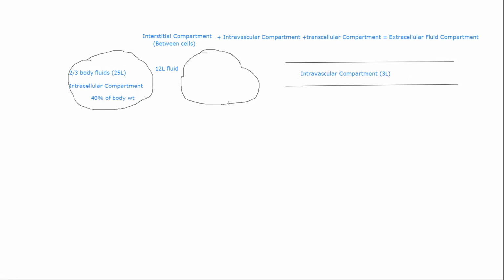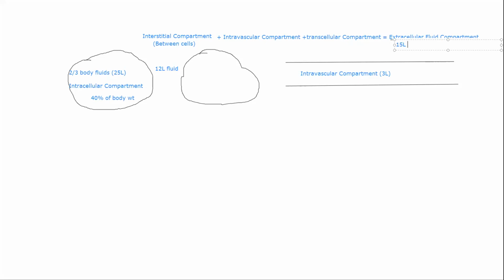And so this extracellular compartment consists of the interstitial between the cells, the intravascular, which has 3 liters about, and the transcellular. And then inside of the cells, we have the intracellular compartment. So the extracellular compartment has a total of 12 liters plus 3 liters, so about 15 liters.